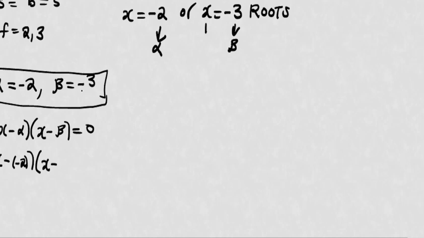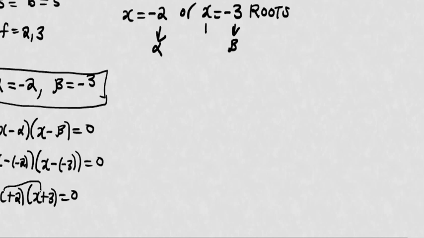Then here again, negative times negative, we get positive. Then from there, we multiply. This x is going to multiply that x, then we get x squared. The same x is going to multiply 3, then we get 3x. Then 2 is going to multiply x, so that we get 2x. Then the same 2 will multiply 3, so that we get 6.